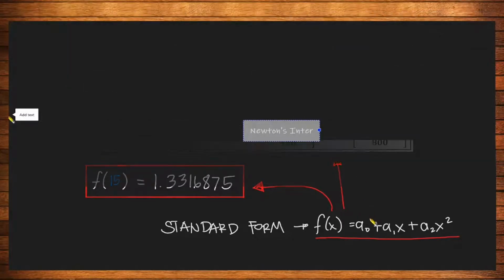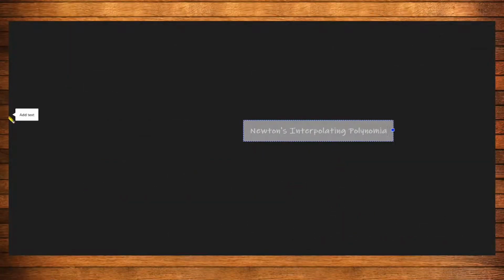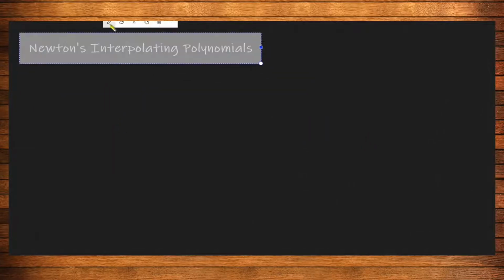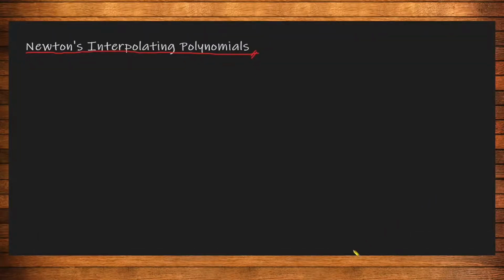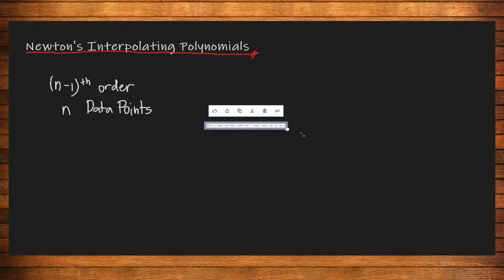Okay? So, next, we are going to talk about the Newton's form of our interpolating polynomials. Now, Newton's interpolating polynomials are a popular means of exactly fitting a given set of data points. So, the general form of an n-1th order Newton's polynomial that passes through n points is given by this function.